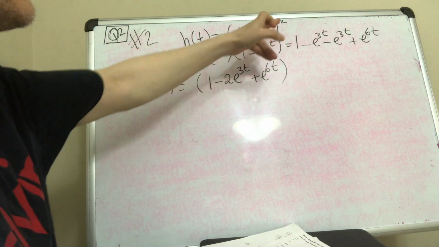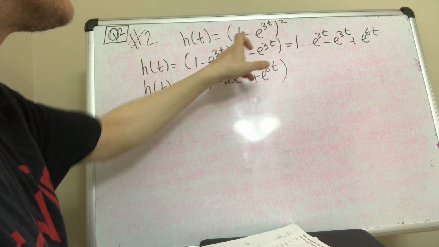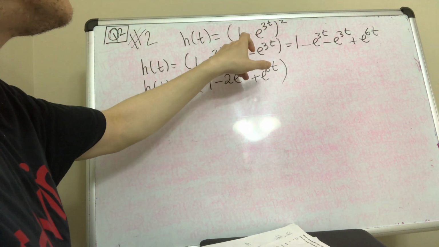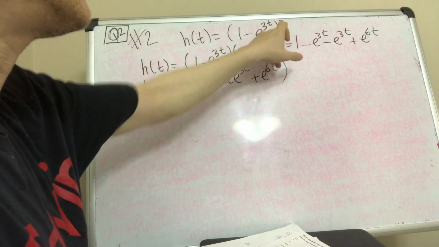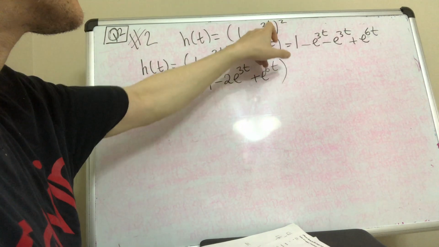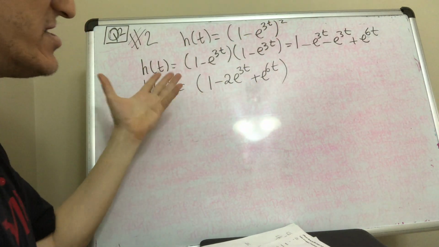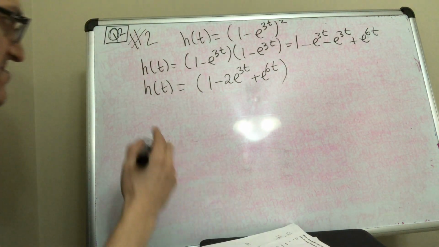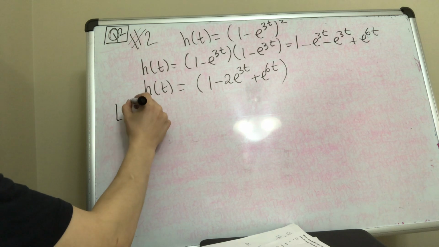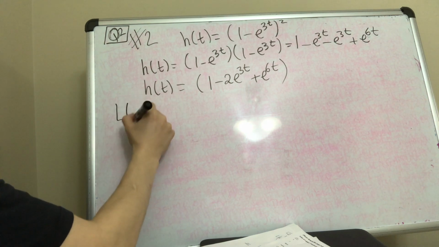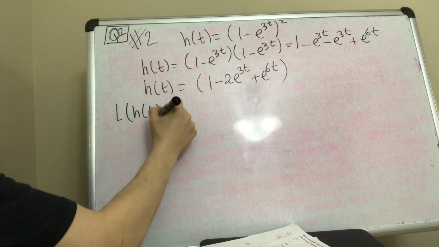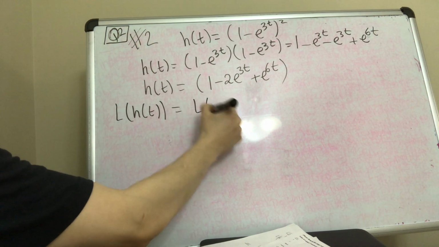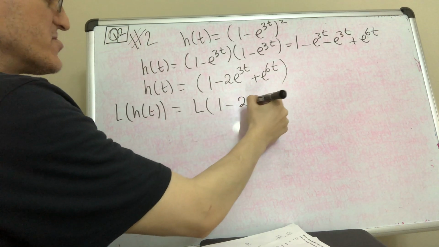Or you could do it quickly. You know, when something's squared, you square the first one, you multiply first, second, and 2, and you square the second one. Either way, this is the function after expanding. So you're doing the Laplace transformation for h of t, which is the Laplace transformation for all of this.